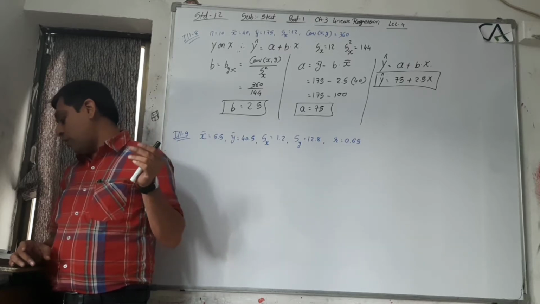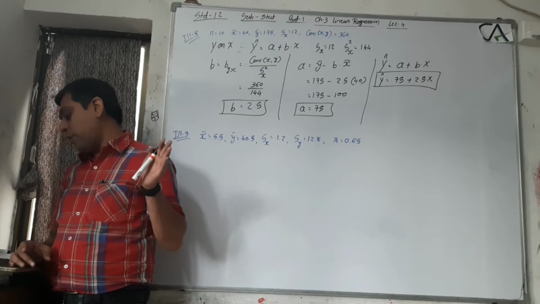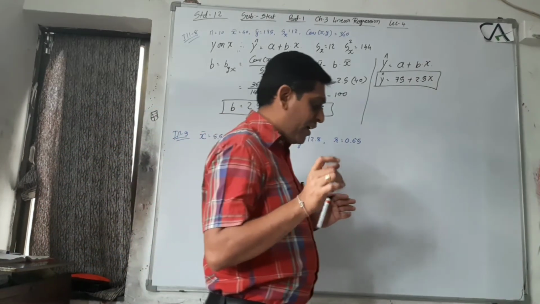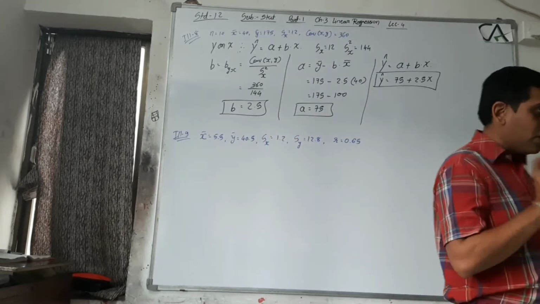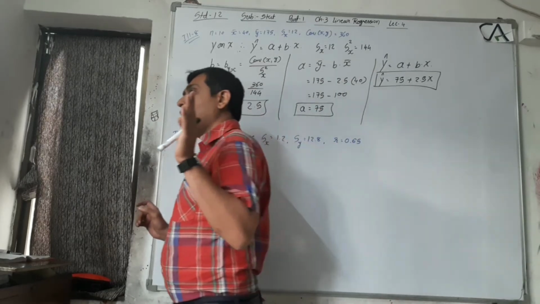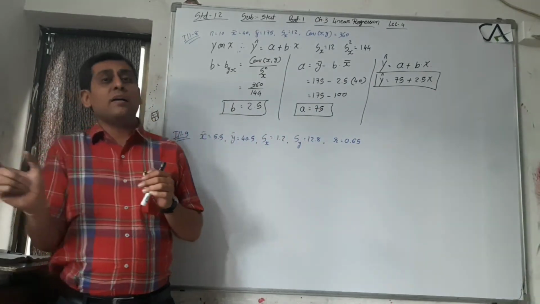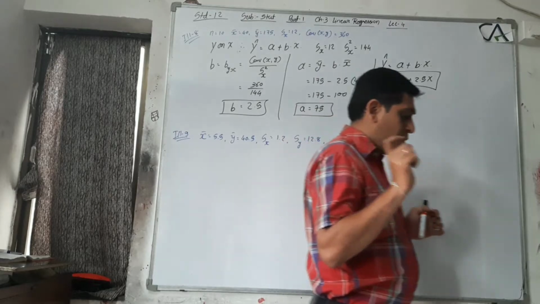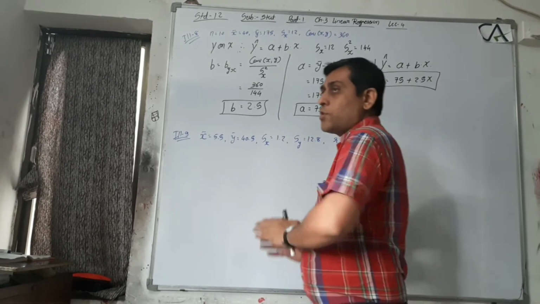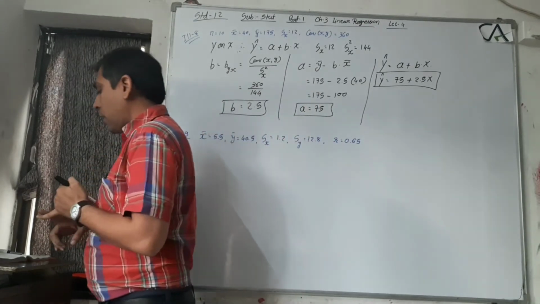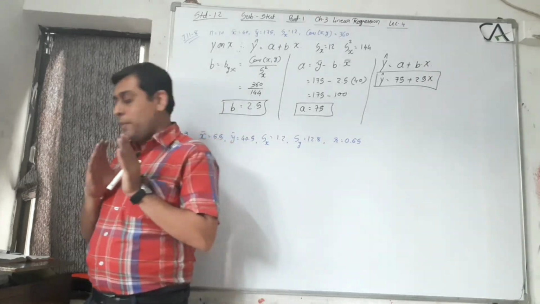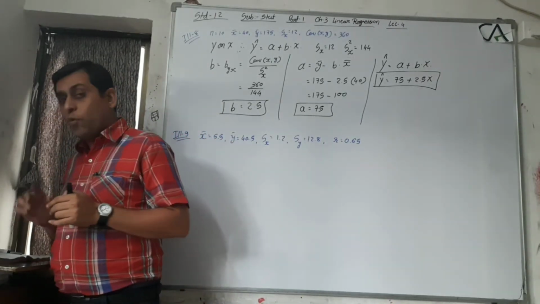The following information is shown for the sample of 100 families of a city. See here, 100 families is an ignorable amount, because in the previous question, illustration number 6, 75 marks was ignored because it is not important in our question. Same here, 100 is ignorable, so just ignore it.